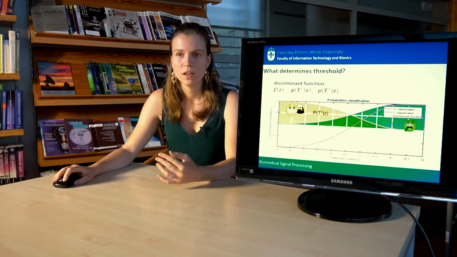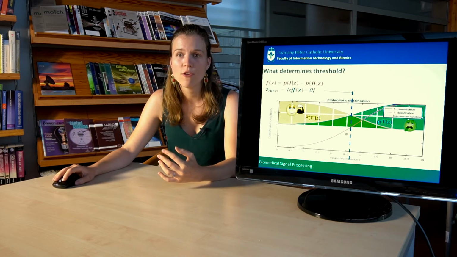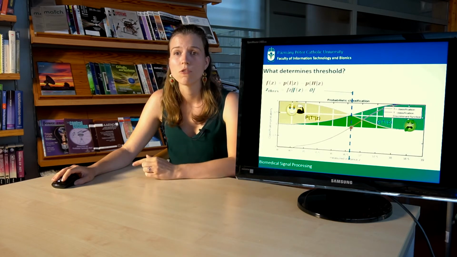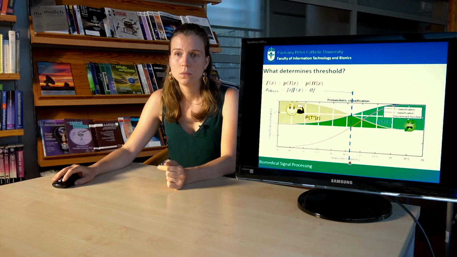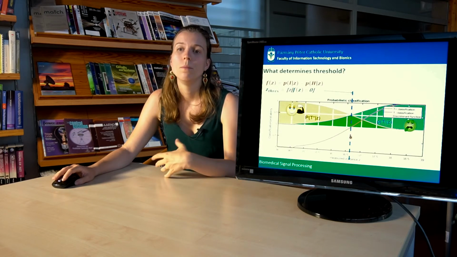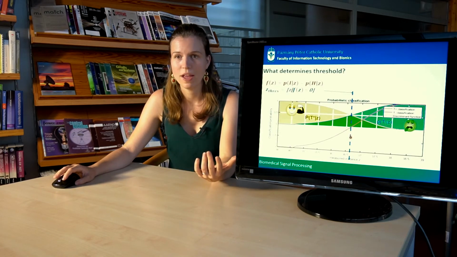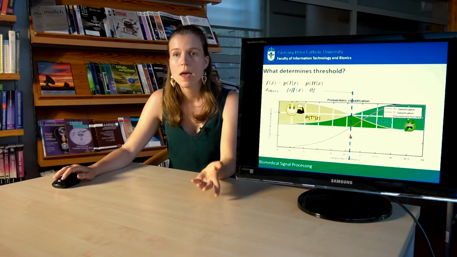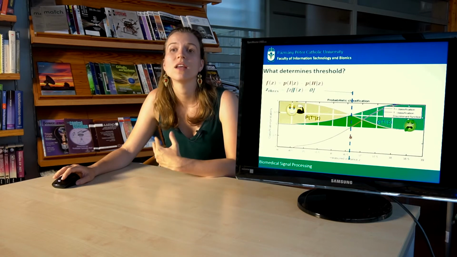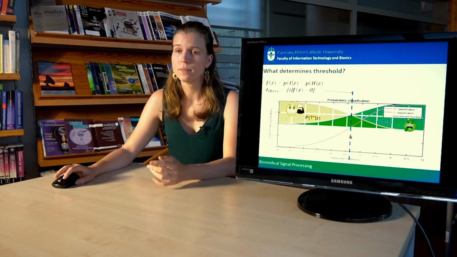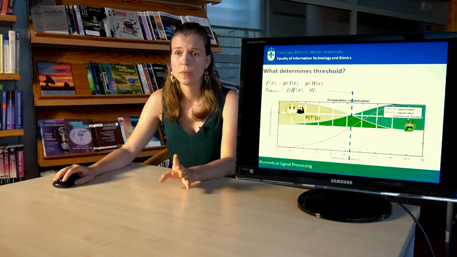And what we do is to check where this discriminant function is crossing the zero line. And we could say that this is our threshold. Below this threshold, the patient is most likely healthy, but above it, the patient is rather sick. So this could be our threshold.